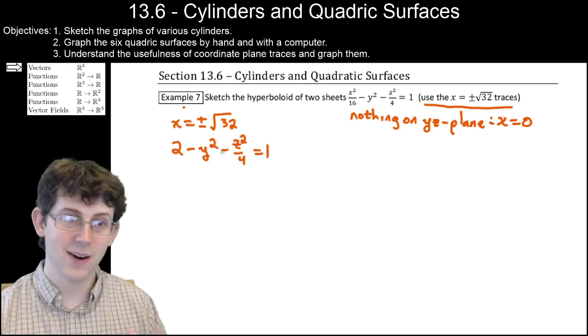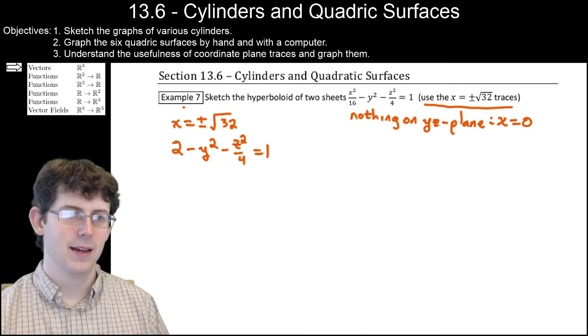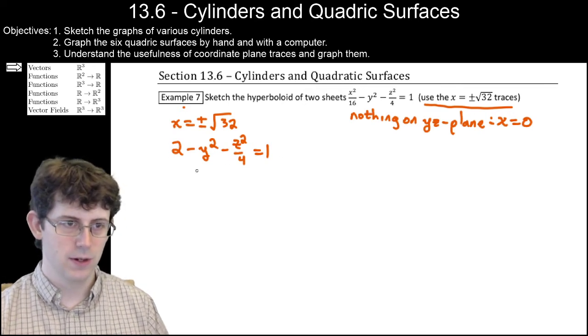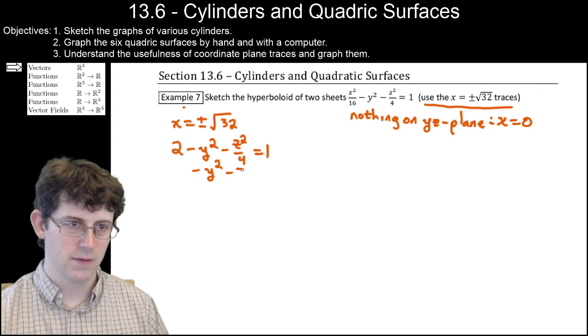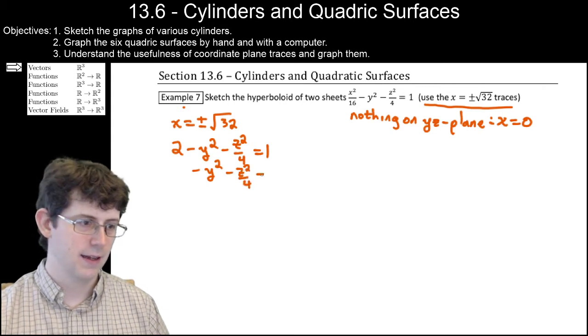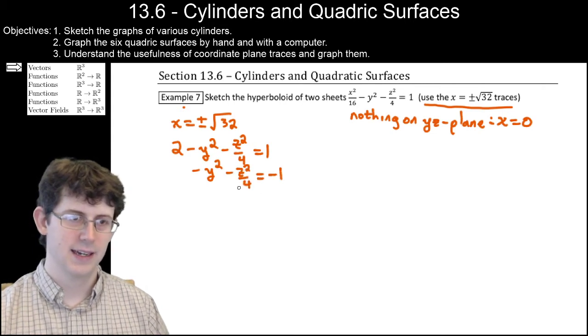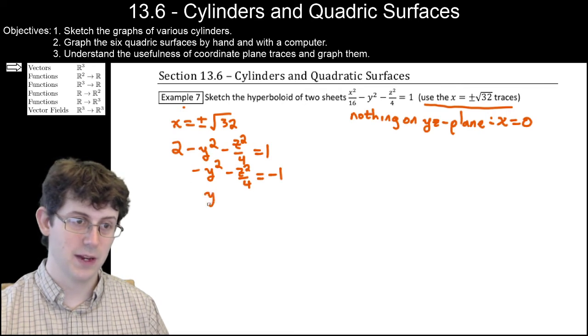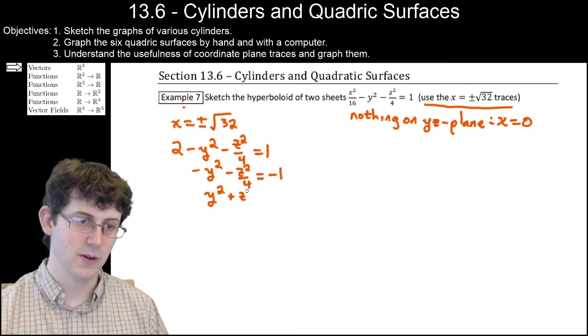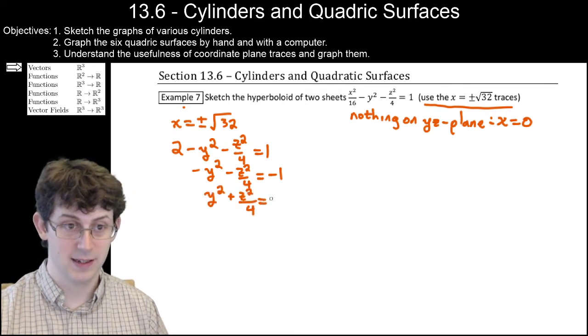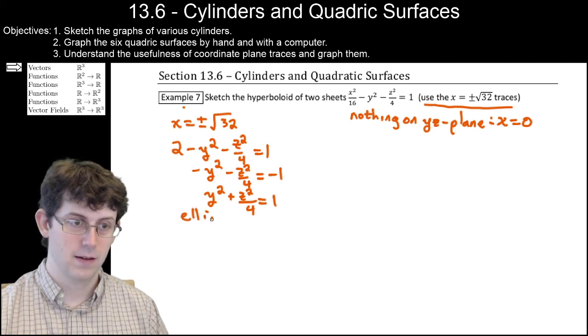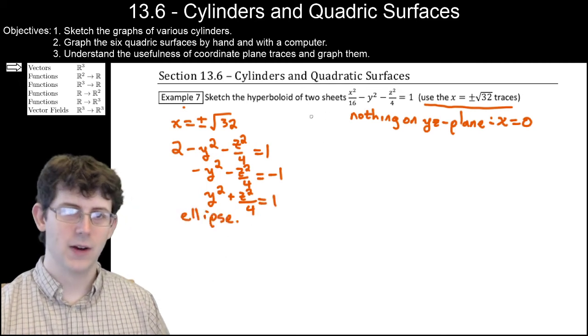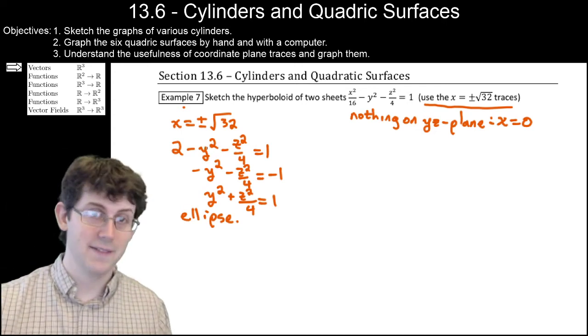Now I want to figure out what this shape is. If I subtract 2 from both sides, I get this. And then all the terms are negative, so when I multiply through by minus 1, I notice that this is actually an ellipse. So out here at this x value, I have an ellipse.